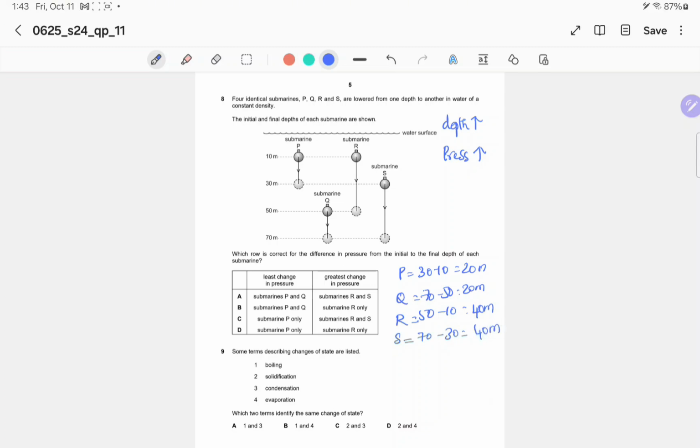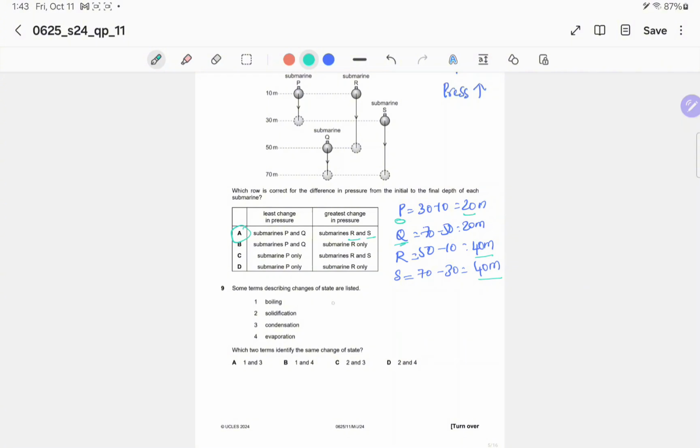So for R and S it is 40 meters, whereas for P and Q it is 20 meters. As depth increases, pressure increases, so the least change in pressure will be for submarines P and Q, whereas the greater pressure change will be for R and S. So the answer is A.